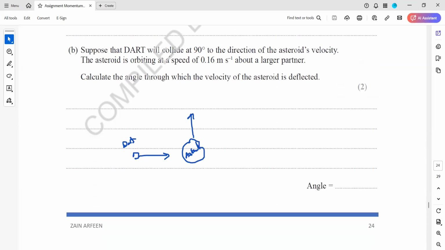And the asteroid is orbiting at a speed of 0.16 meters per second about a large partner, meaning the orbital speed of the asteroid is 0.16 meters per second. Calculate the angle through which the velocity of the asteroid is deflected. So we want to calculate at what angle the velocity is deflected.